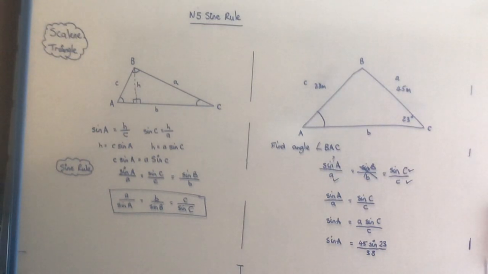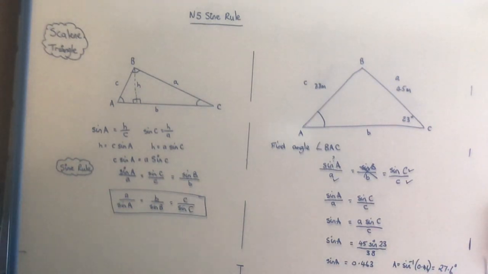So putting it in our calculator, this should give us sine A is equal to 0.463, and A then is equal to shift sine in the calculator, and putting that in the calculator should give you an answer of approximately 27.6 degrees.